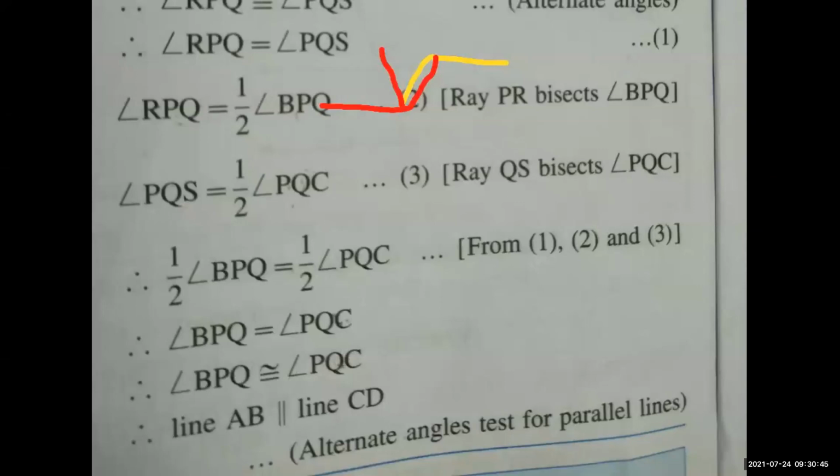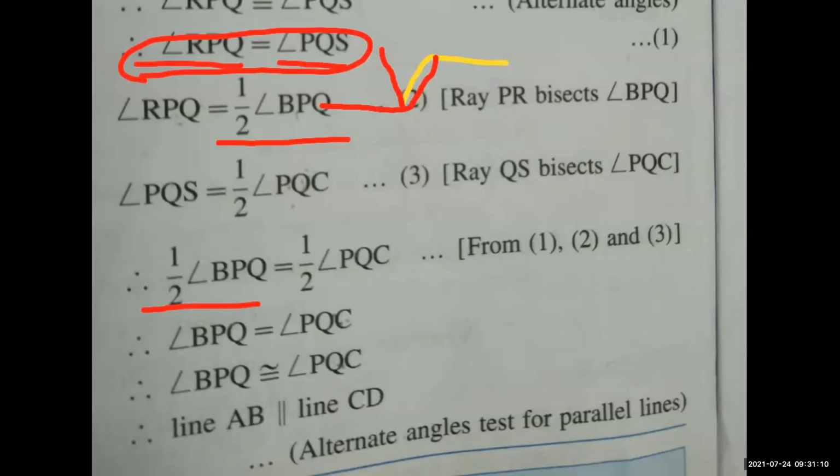As both the angles are given equal to each other, we put the value for each: for this angle RPQ we put half of the BPQ, and for this angle PQS we put half of the PQC. And the reason for putting these values is equations 1 and 2.